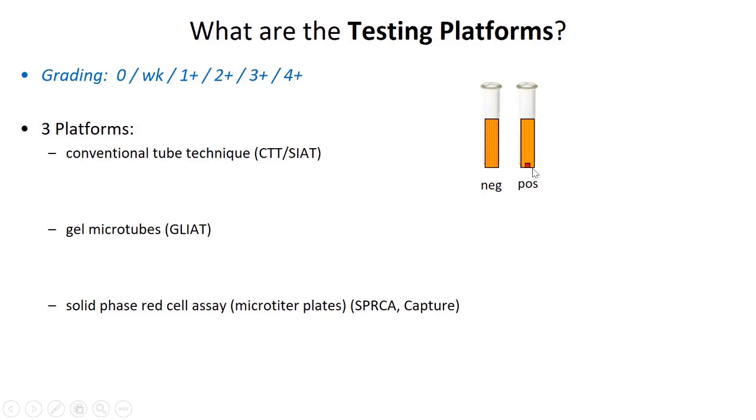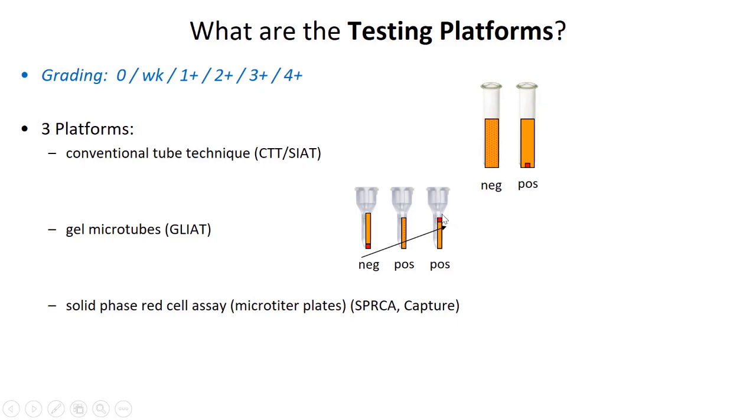A positive reaction in the conventional tube technique is an agglutinative button at the bottom. This looks a little different in gel microtubes. The gel matrix represents an interference to the traversing of red cells with spinning or centrifugation. If the red cells are not stuck together, they can make their way to the bottom.